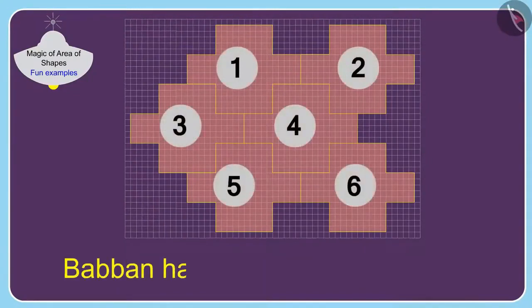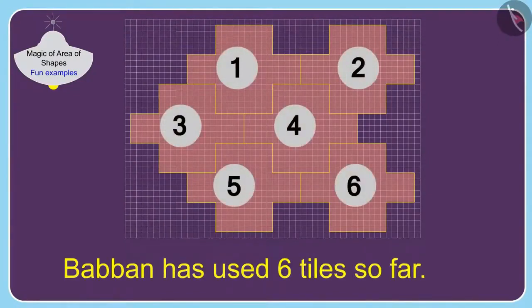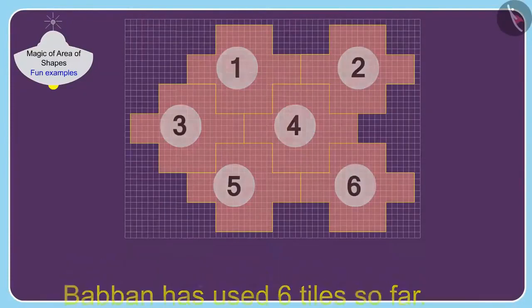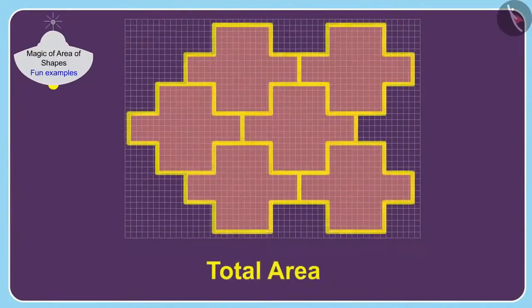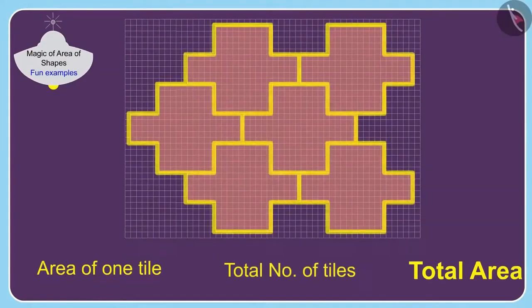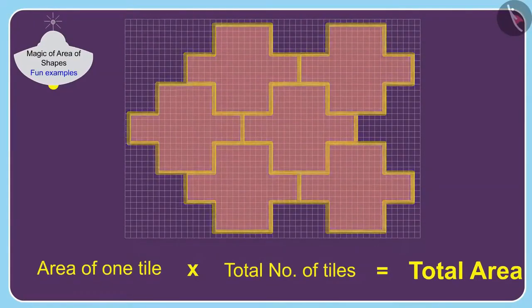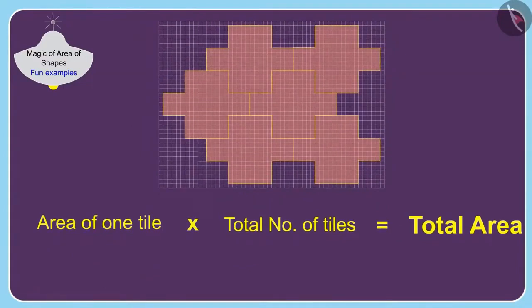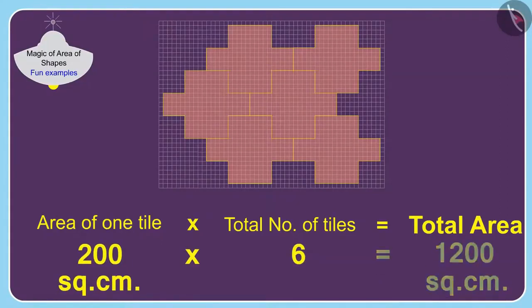Yes, Babban has used 6 tiles so far. Now it is very easy. To find the total area, we only have to multiply the area of one tile by the number of total tiles. In this way, the total area covered by the tiles will be 200 multiplied by 6, 1200 square centimeters.